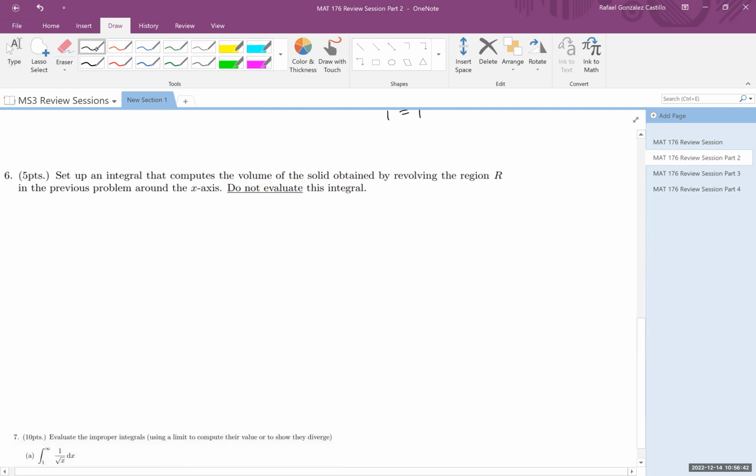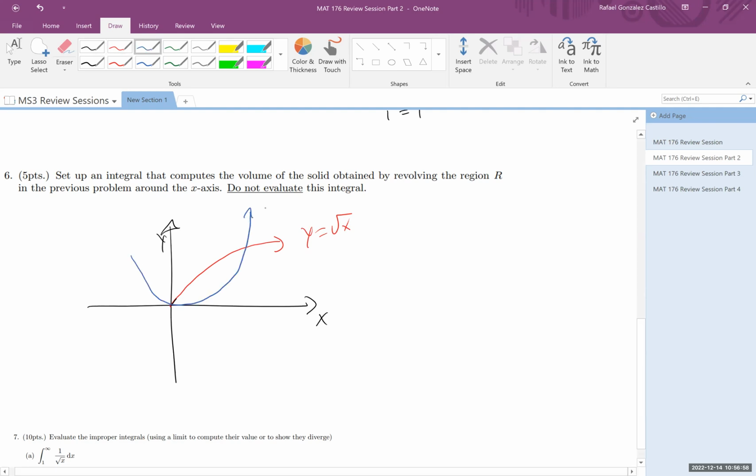So from before, we had this region, right? We have x, y, and we have the region looking like this. We had y equals radical x looking like this, and x squared looking like this. Now we know our limits, or where they intersect. They intersect at 0 and at 1.